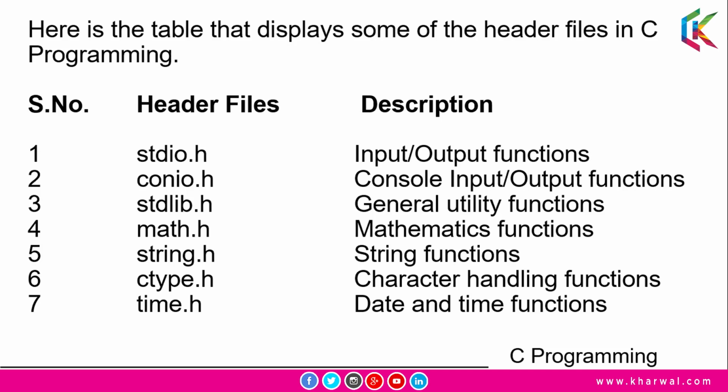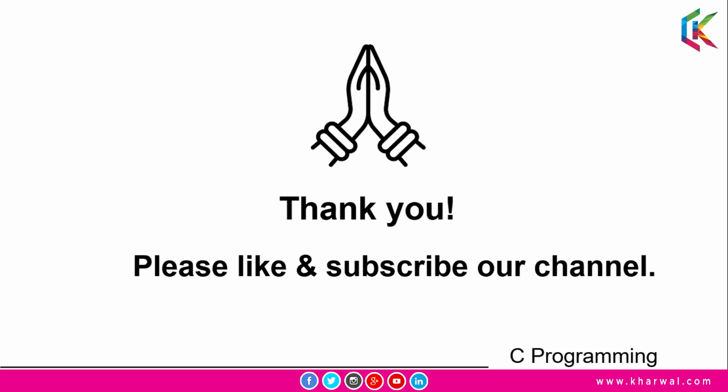Math.h header file is used for mathematical functions. String.h is used for string functions, and ctype.h is used for character handling functions, whereas time.h is used for date and time functions. So guys, I hope it is clear to you.